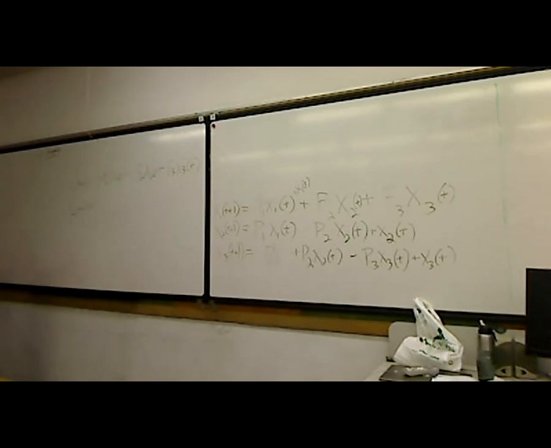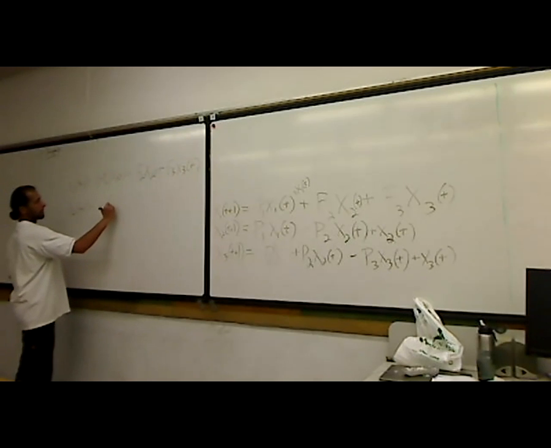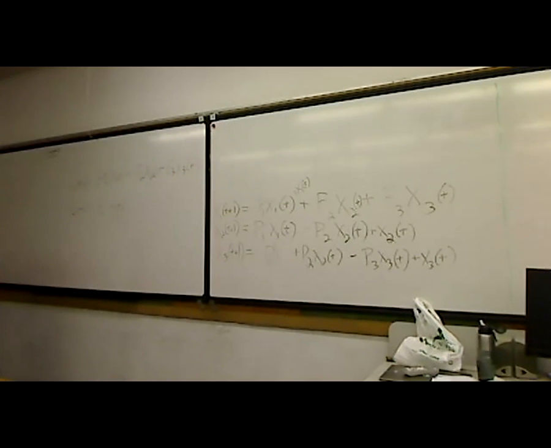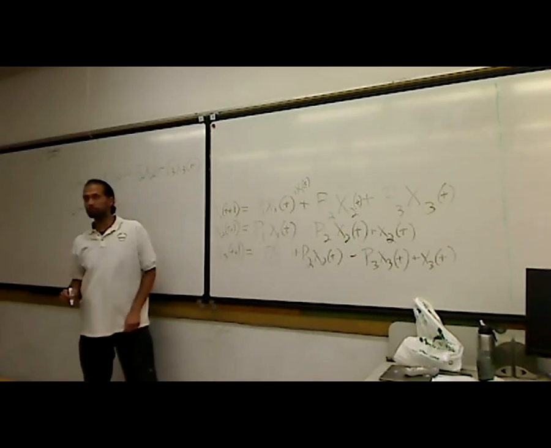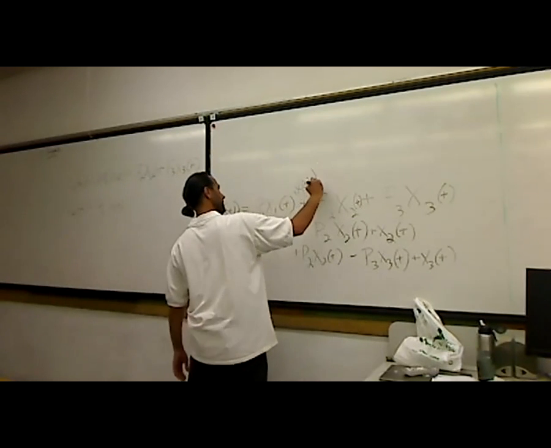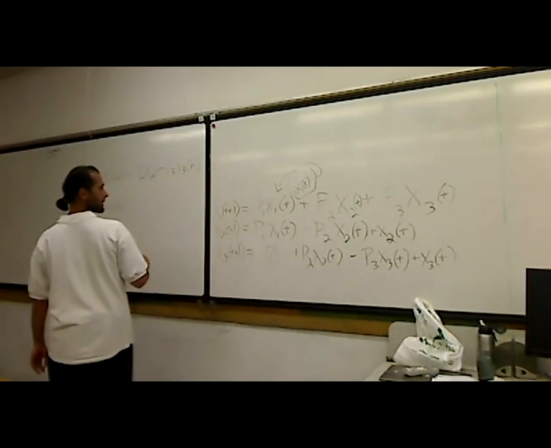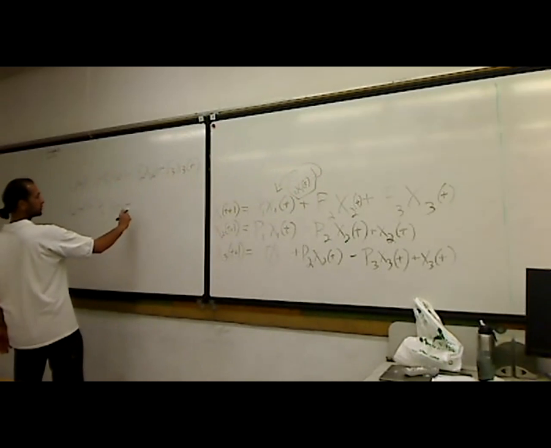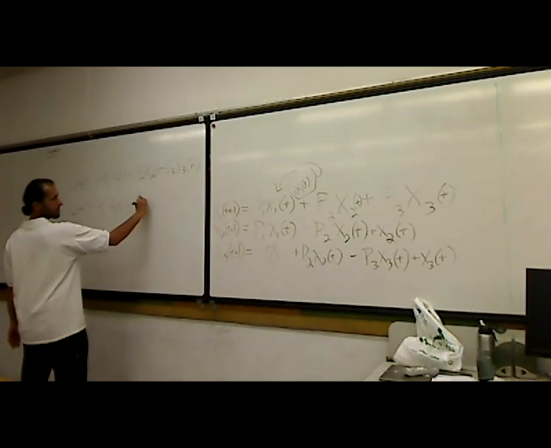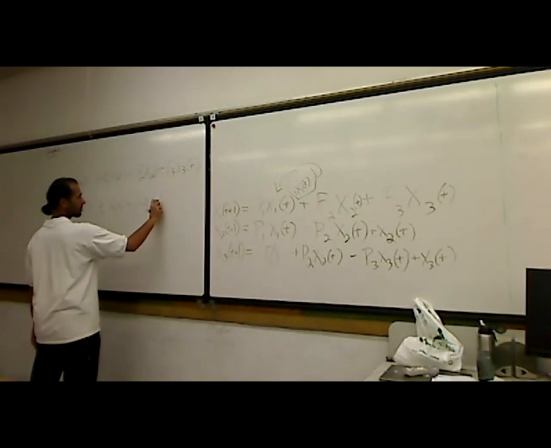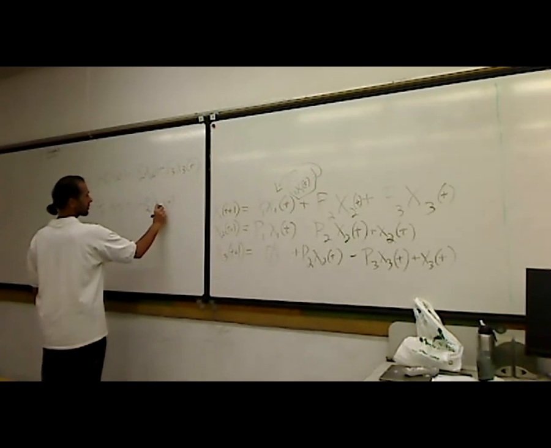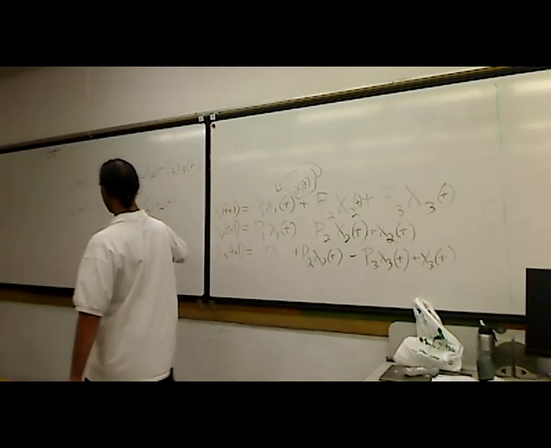What's this one look like? Why is it 1 minus P1? Because we have the initial population text. Oh, I didn't see it. Sorry, it's a little small. Do we have any dependency on X3 here?